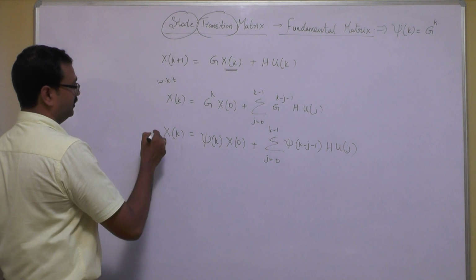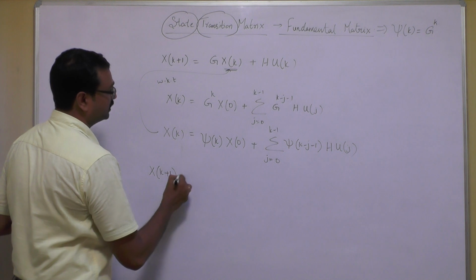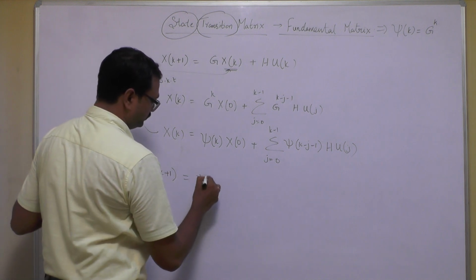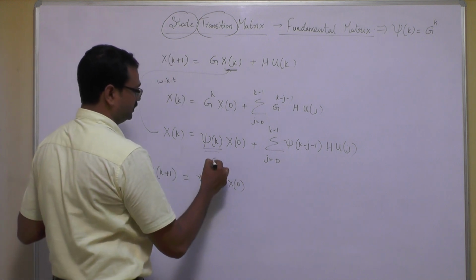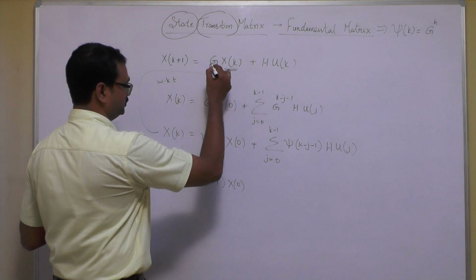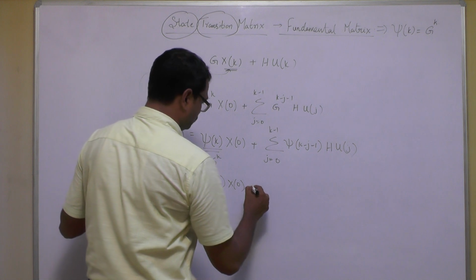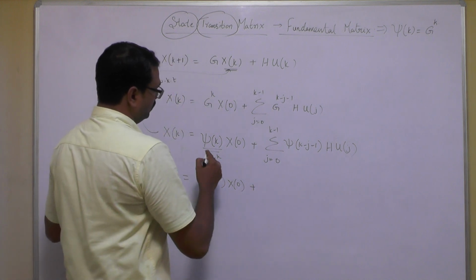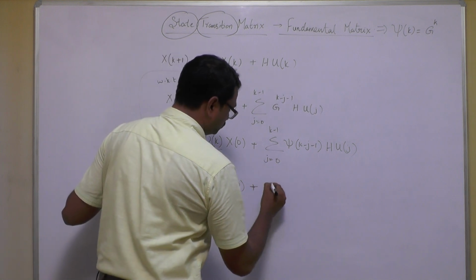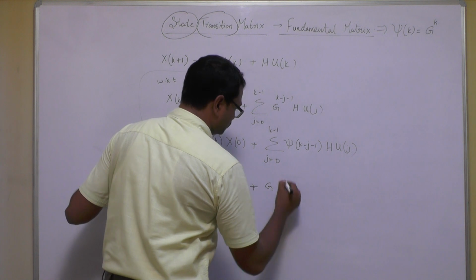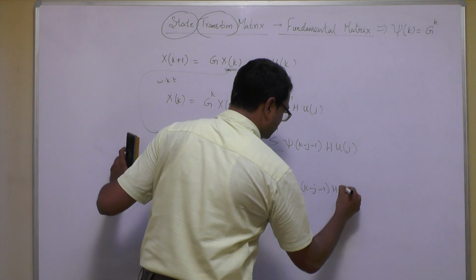When I replace this here, I have x of k plus 1 equal to psi of k plus 1 x of 0, because psi of k is g power k. When I multiply by g, g into g power k gives g power k plus 1, so psi of k plus 1 x of 0 plus g into sigma j equals 0 to k minus 1 of psi of k minus j minus 1 h u of j.